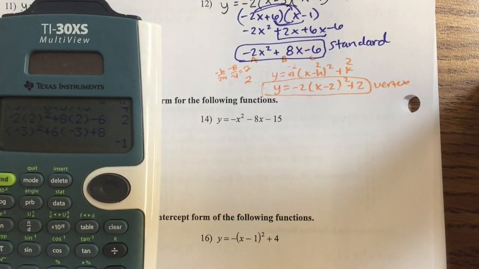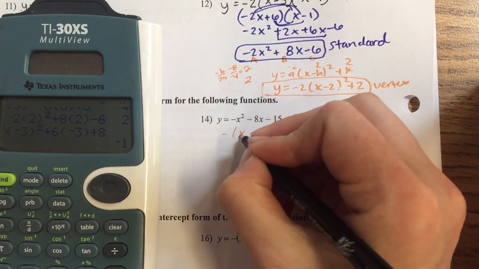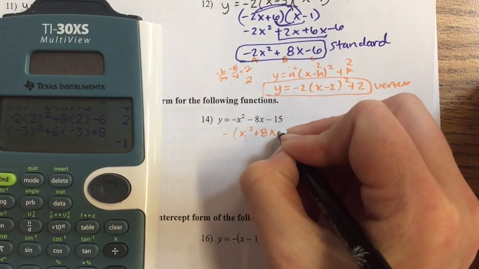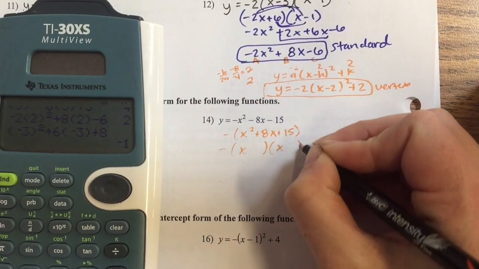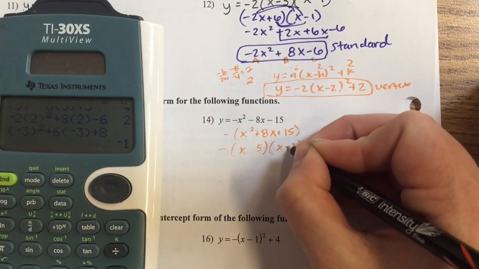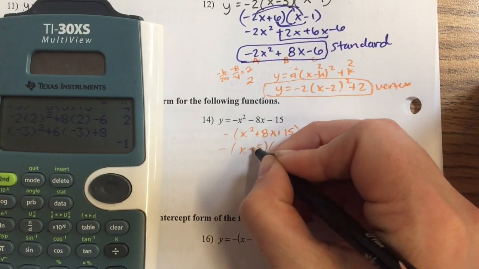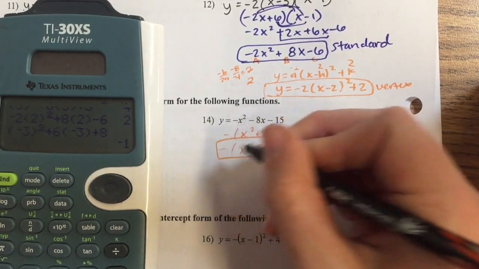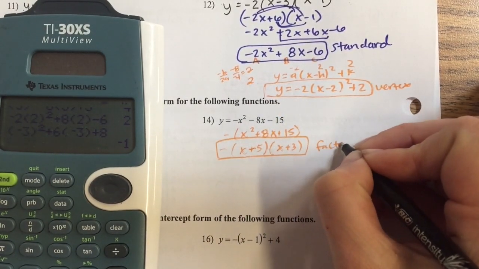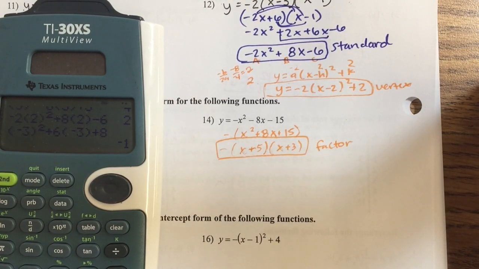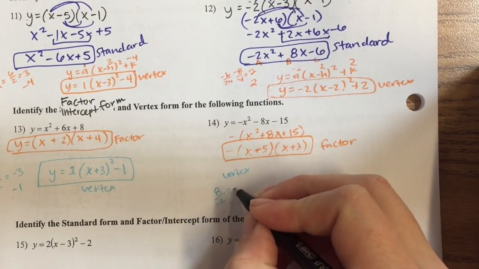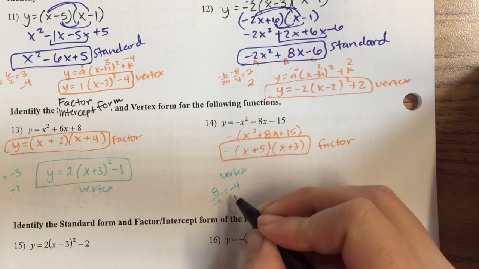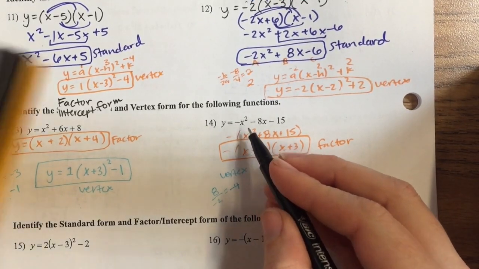14, I factor out that negative. Add them up to get plus 8. Then I do, alright, we have 8 over negative 2 equals negative 4. I plug that negative 4 in.